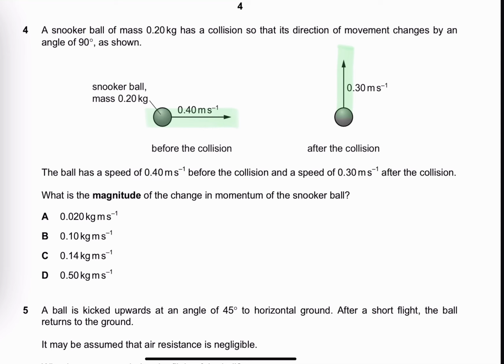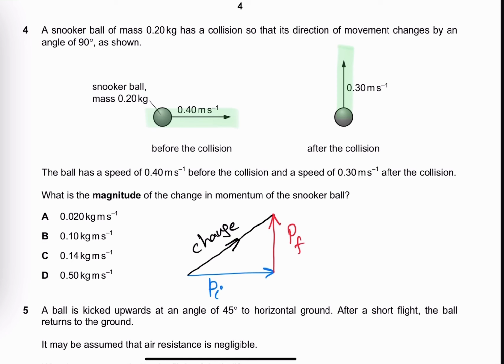So this is the initial momentum, and after colliding its momentum will be in this direction. So the resultant momentum, by applying the head to tail rule, will be in this direction. This will give you the change. Okay, so we can find the magnitude by applying the head to tail rule and Pythagoras theorem.